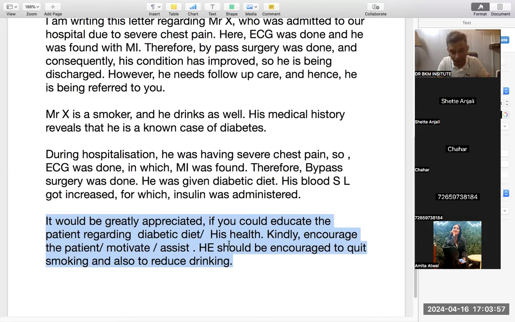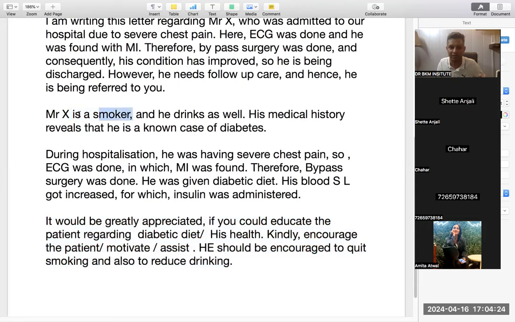Suppose I am writing to a nurse for the follow-up care, so if I am telling the nurse that you should encourage the patient to quit smoking, I am writing he should be encouraged to quit smoking. So I am writing this letter to the nurse to tell her that you need to encourage the patient to quit smoking. So obviously in social history, I will write he is a smoker.